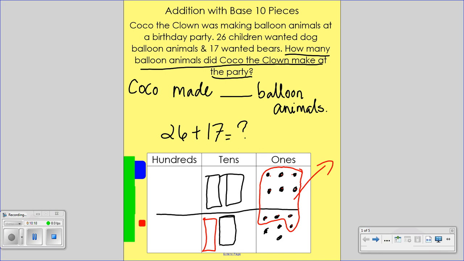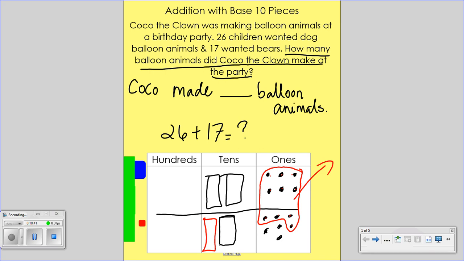What is our total number now? 40. Try again. You didn't take away a 10. What's our total number?